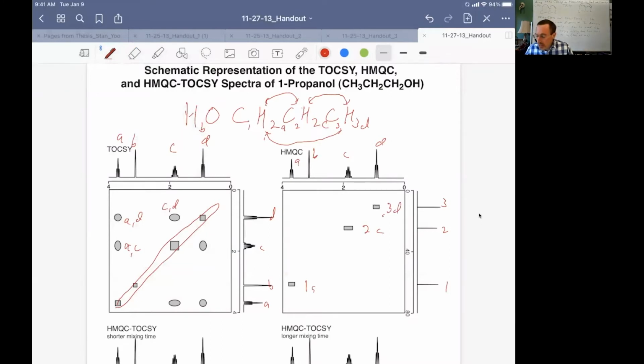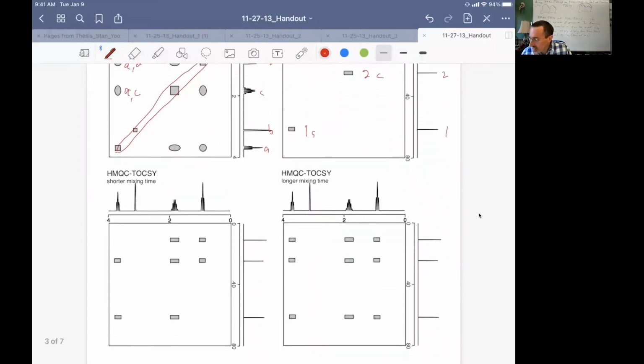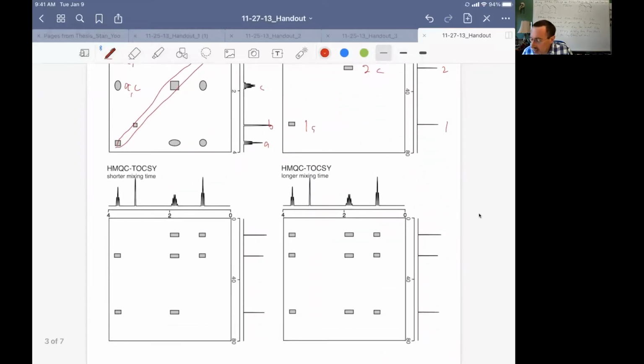All right. So in HMQC TOCSY, we get both of these features within a spin system now. Here are our carbons, and here are our protons. So in the F1 dimension, we have carbon. In the F2 dimension, we have proton.